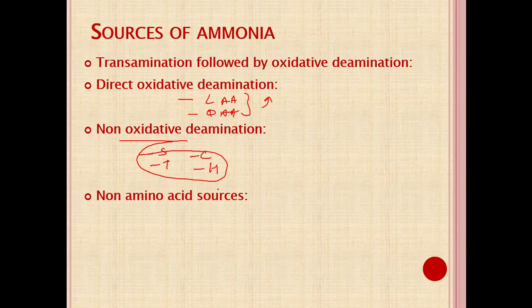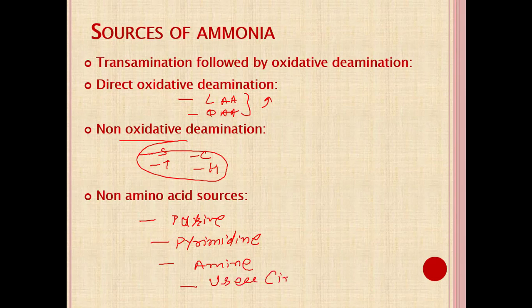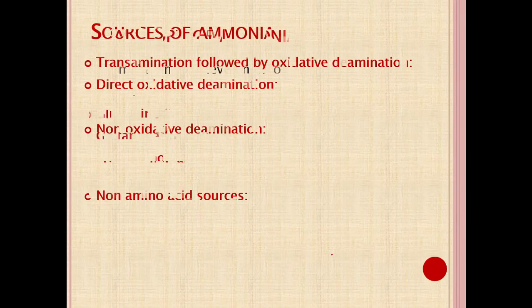There are also various non-amino acid sources like purines and pyrimidines, and various biological amines like putrescine and cadaverine that produce ammonia when catabolized. Urea itself in the intestine, by the urease enzyme, produces ammonia. So these are the various sources of ammonia in our body.